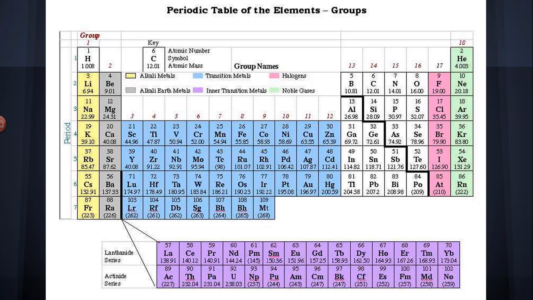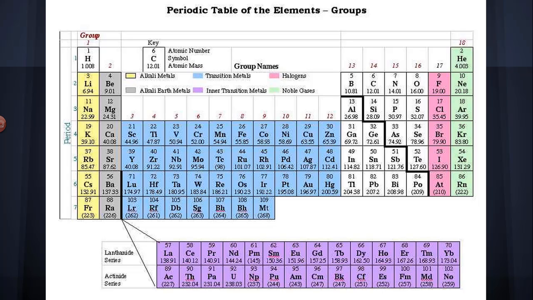Now we're going to jump all the way over to the opposite side of the table, and we're going to look at these elements here: fluorine, chlorine, bromine, iodine. Those are called halogens. The word halogen comes from two words: halo, which means salt, and gen, which means maker. So the halogens are the salt makers, and we already know that common table salt contains one of them, chloride.